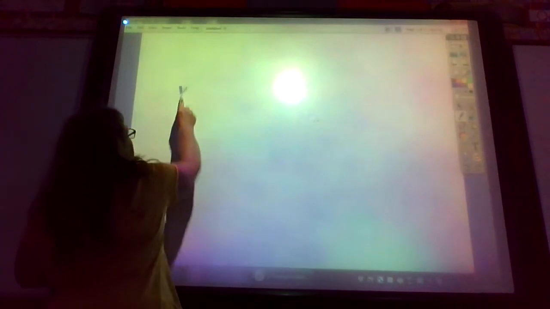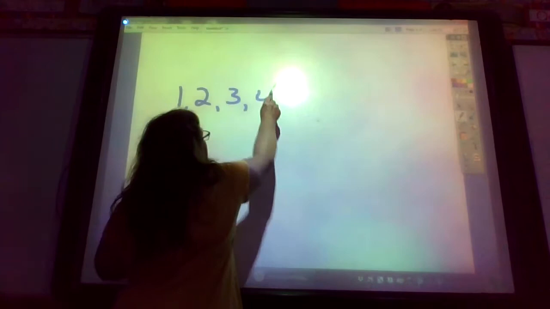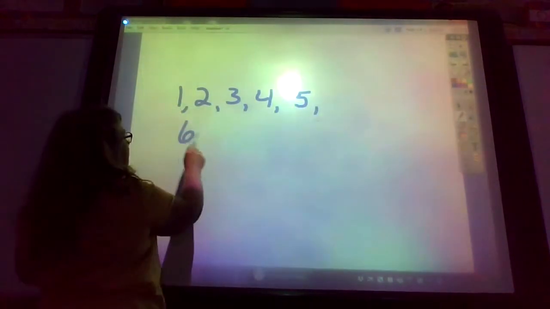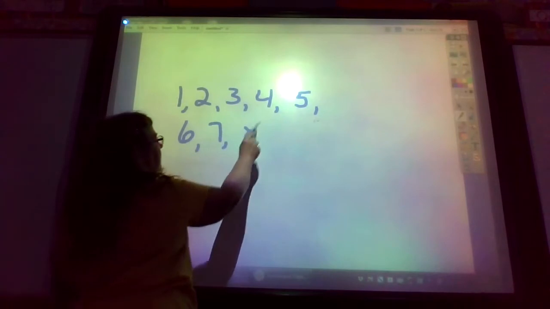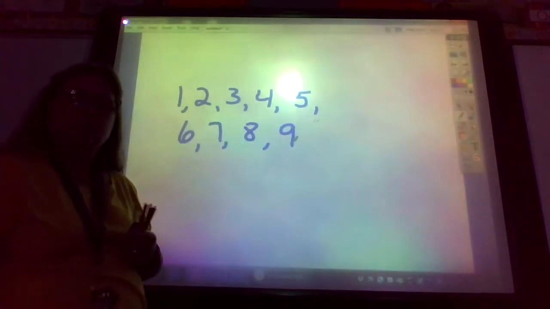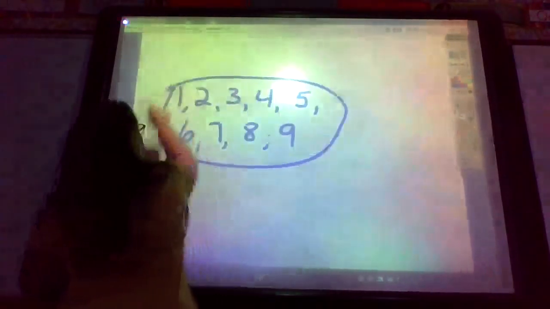Okay, so when we're looking at numbers, anything that is a 1, a 2, a 3, a 4, a 5, a 6, a 7, 8, and a 9, when they are by themselves, these are all what we call ones.